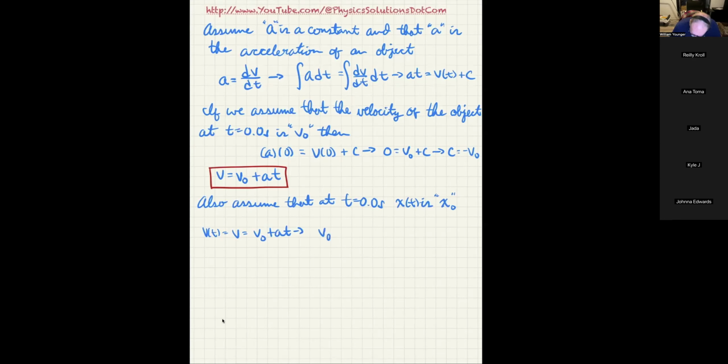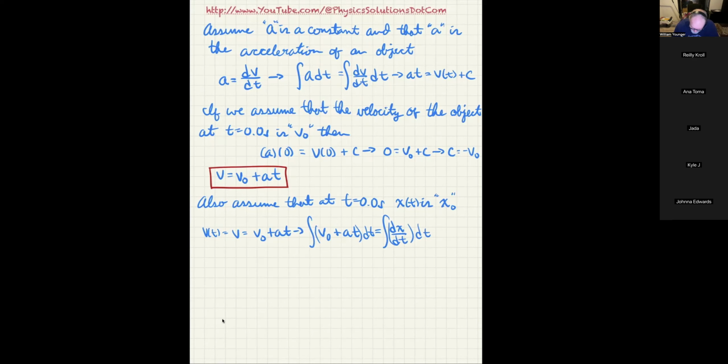Specifically, I'm going to say v0 plus at is equal to dx over dt. Now I'm going to multiply both sides by dt, and then I'm going to integrate both sides. And again, I'm going to do an indefinite integral and combine it and make it only one constant.